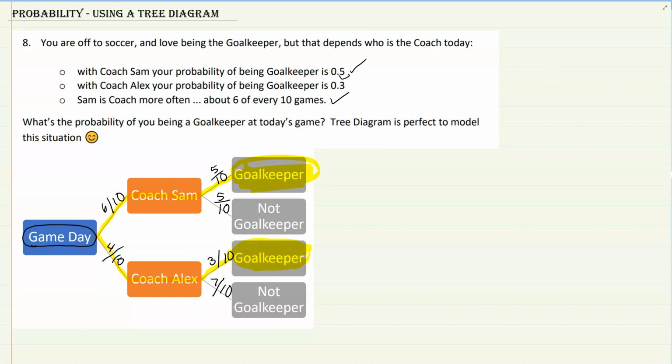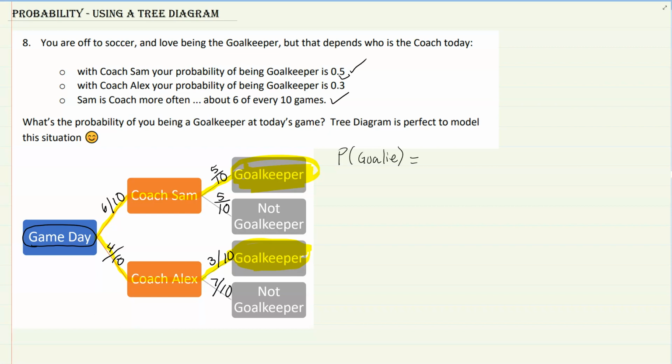All right, so the probability of that happening would be if Sam is coaching, plus the probability if Alex is coaching. So the probability of you being a goalie is going to be, and these are successive events, right?